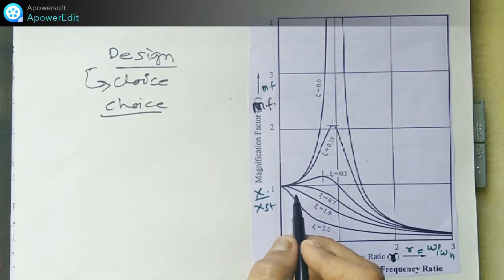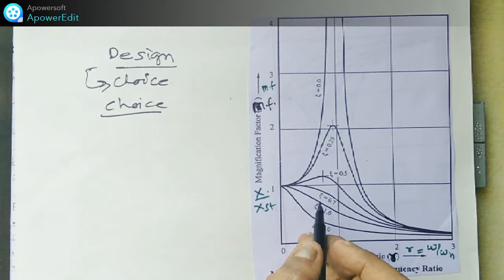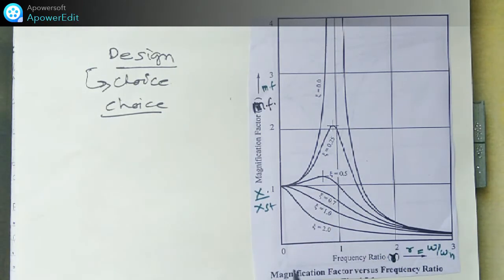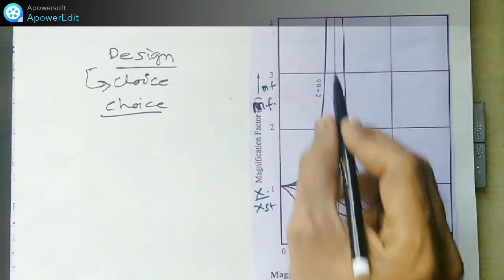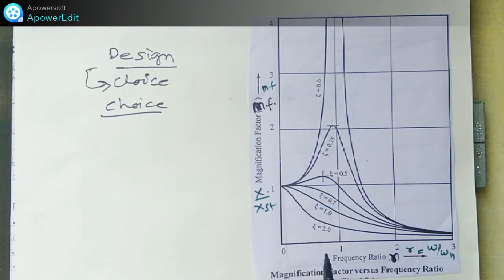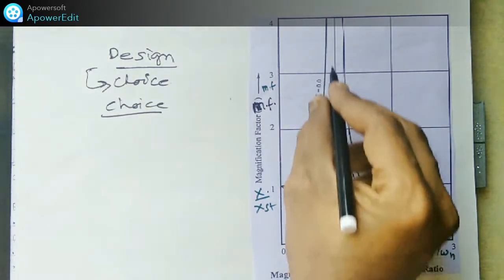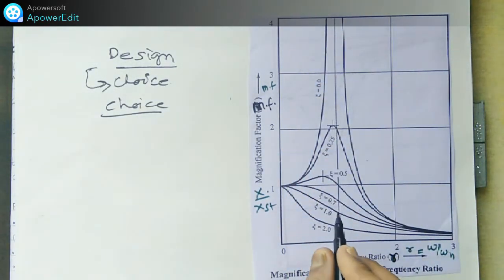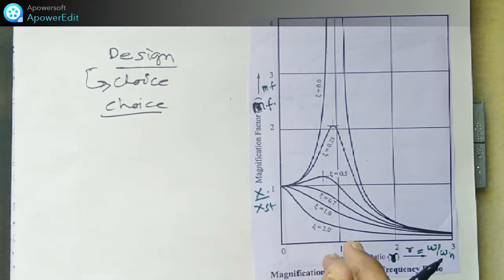See here, when we are near r equal to 1, that means omega by omega n is 1, the forcing frequency is equal to the natural frequency of the system.